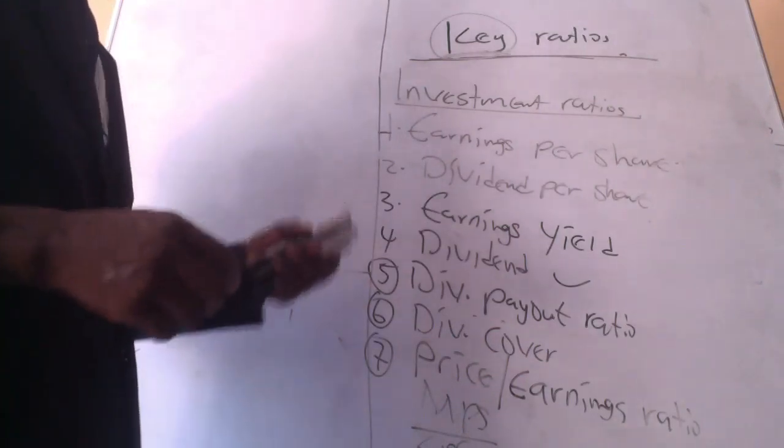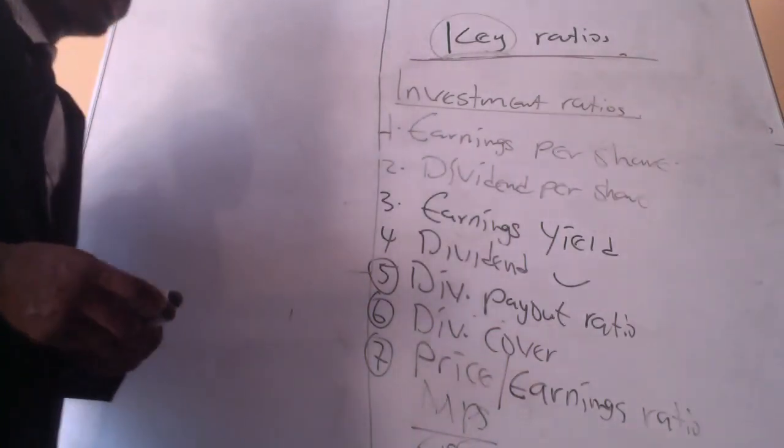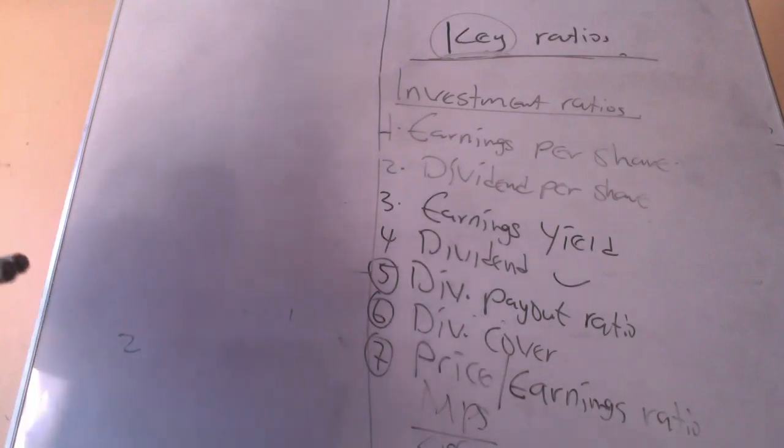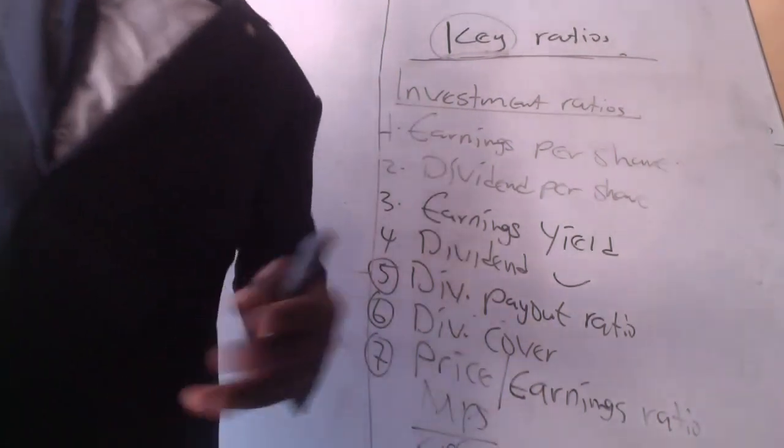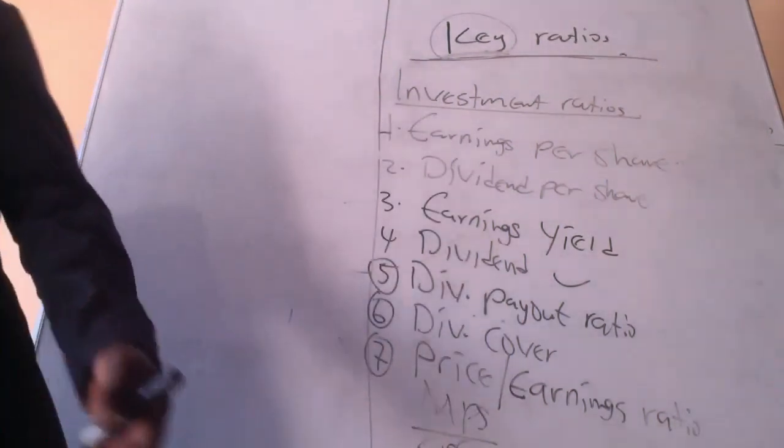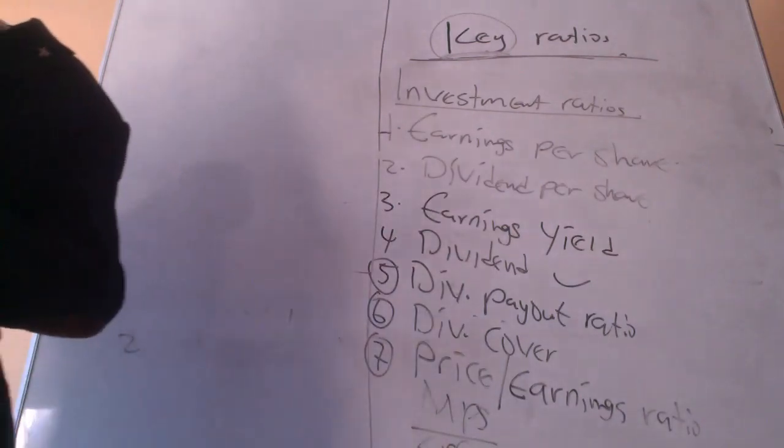So these are the key investment ratios. So take note that when your examiner requires you to calculate investment ratios, any of these can be of use to you. So take notes for me.